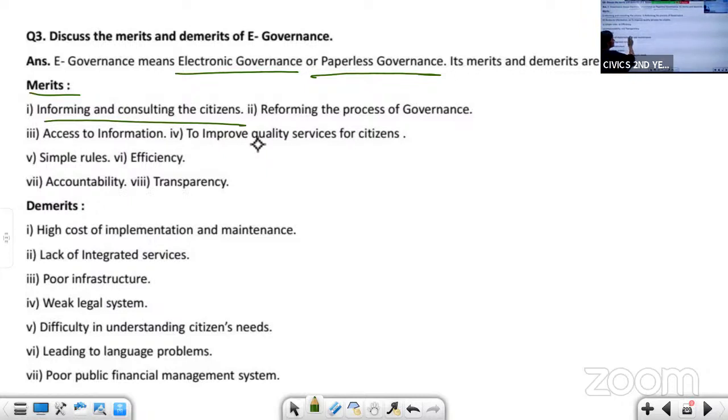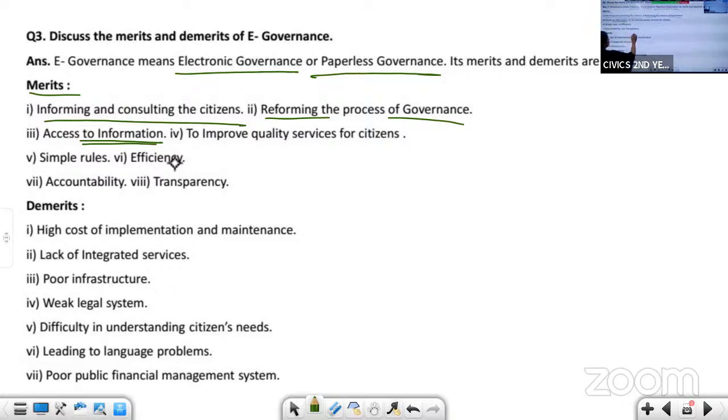So it has reformed the process of governance. There is access to the information. Sitting in your home, you can get access to any information about the government policies.